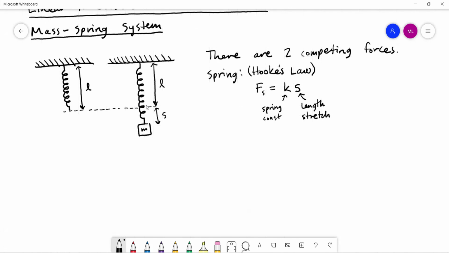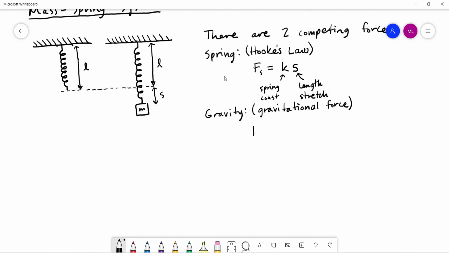So the first competing force is the spring, and the second competing force is the force due to gravity. The gravitational force, the force of gravity, is equal to a mass times the gravitational acceleration constant on Earth's surface.